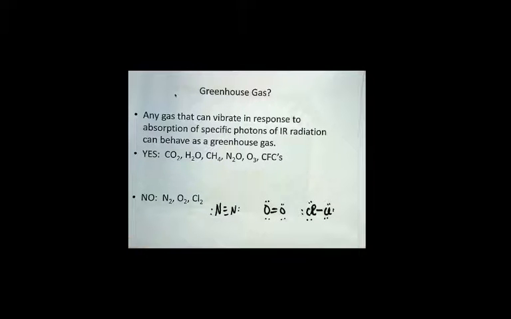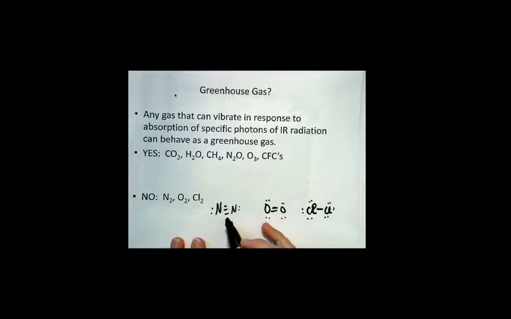The vibration has to change the overall electron distribution. And so in the case of these little diatomic molecules, not only are they diatomic, they're linear, but they're symmetric. And so what that means is this side of the molecule looks exactly like that side of the molecule.